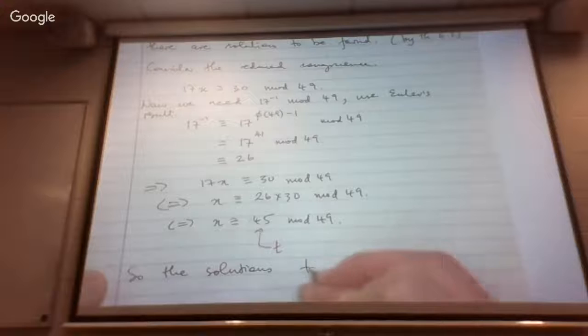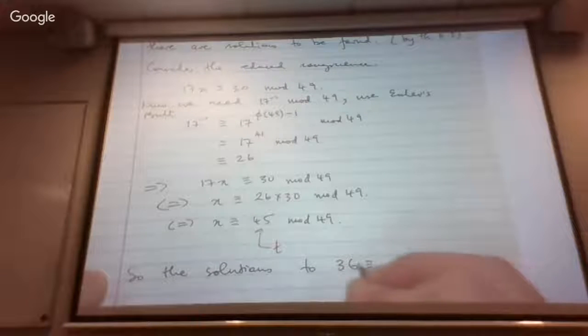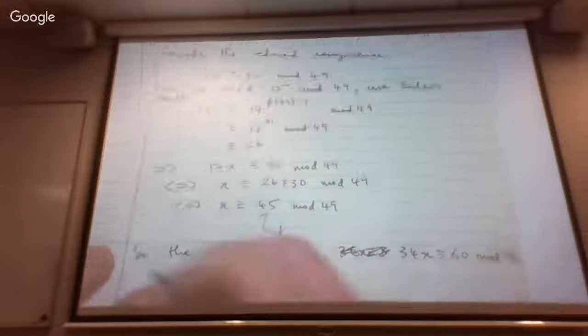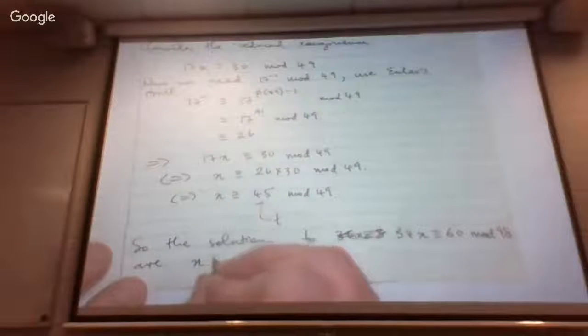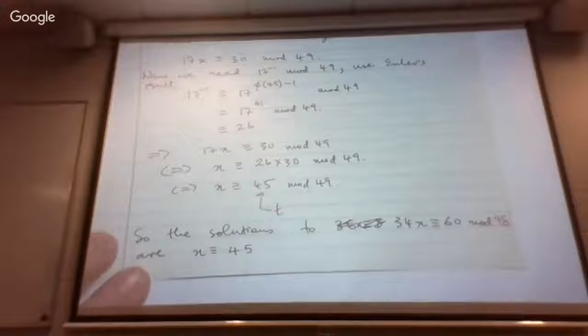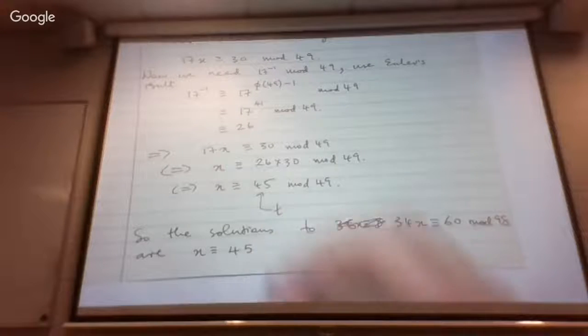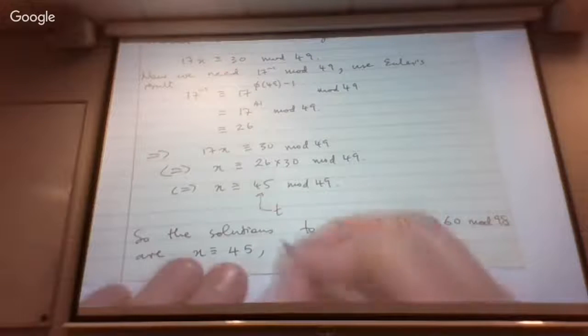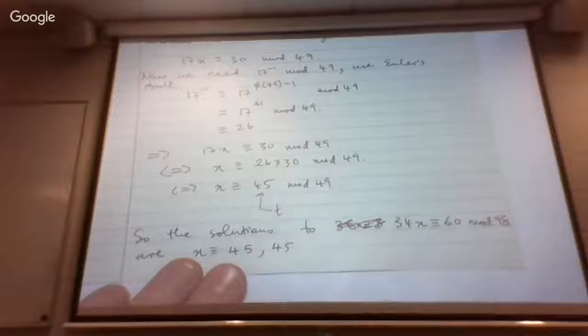So the solutions to the original congruence, 34x congruent to 60 mod 98, are x congruent to this solution plus i times n over d. Now the i started at 0, so the first solution will be that same 45. The next solution will be 45 plus 1 times n over d.